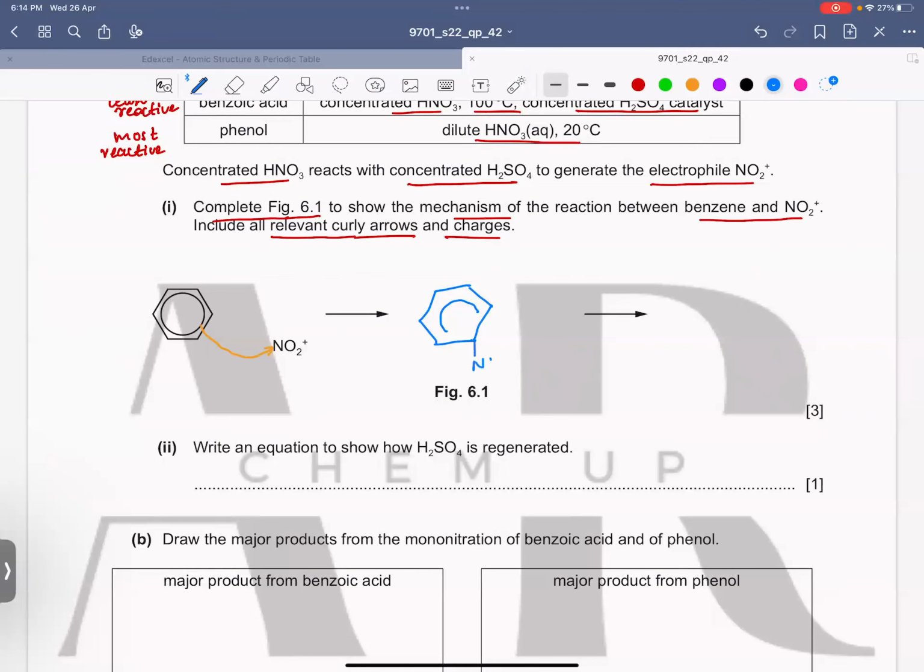That NO2 is bonded to a carbon, and you have to show the hydrogen that is also bonded to the same carbon. Then show a curly arrow from the carbon-hydrogen bond to the inside of the benzene ring, and as a result the pi ring is stabilized.